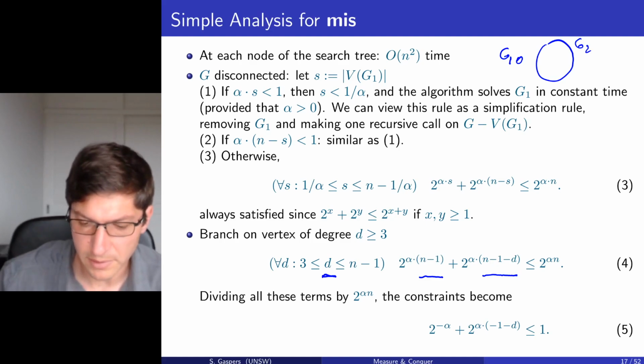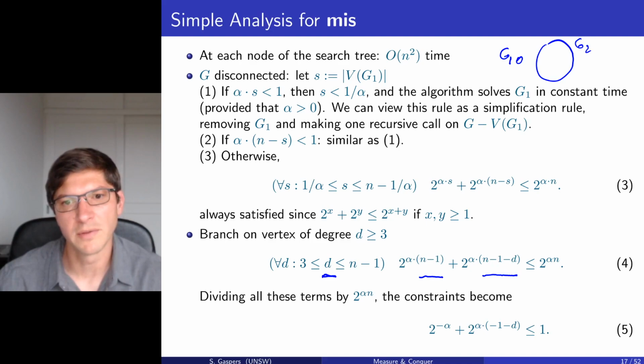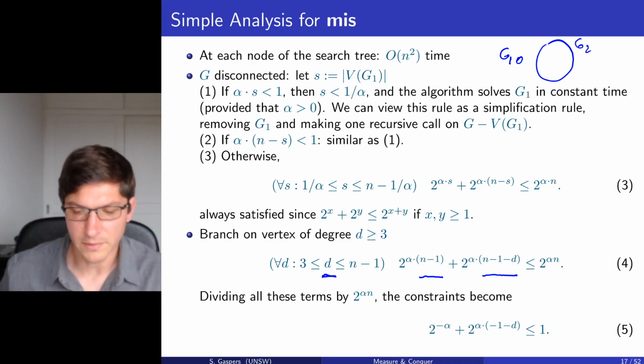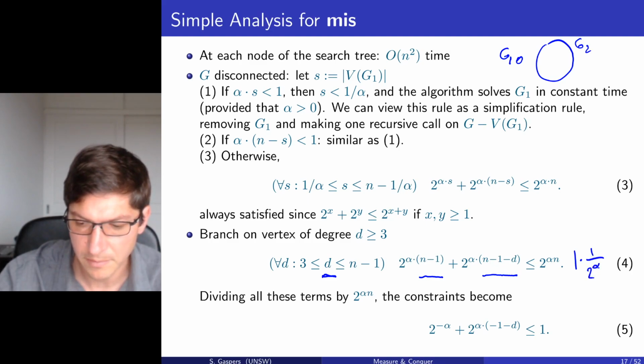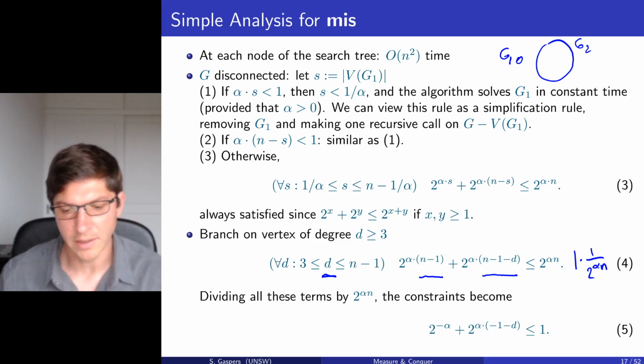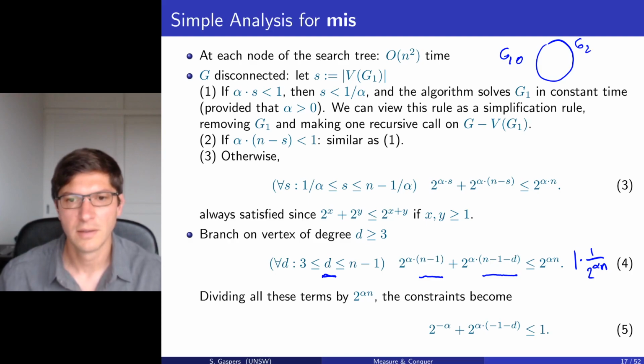And now we have this constraint here: 2 to the power alpha times n minus 1 plus 2 to the power alpha times n minus 1 minus d is at most 2 to the power alpha times n. So what we do is we divide all of these terms by 2 to the power alpha times n. And then we obtain the constraint 2 to the power minus alpha plus 2 to the power alpha times minus 1 minus d is at most 1.